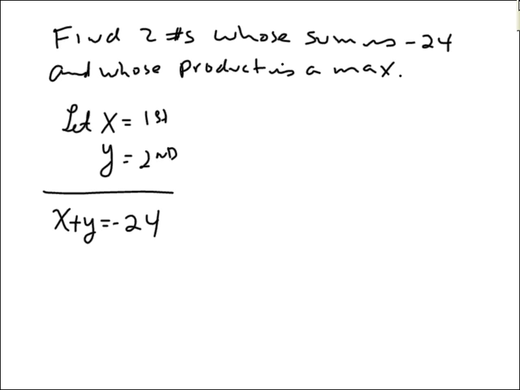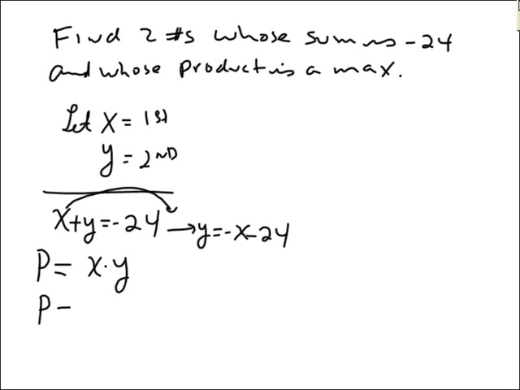The product, P for product, well, the two numbers are x and y. That's their product. The game is to get a quadratic out of this. You need to solve for x or y. Let's solve for y by bringing the x over. Y is negative x minus 24.